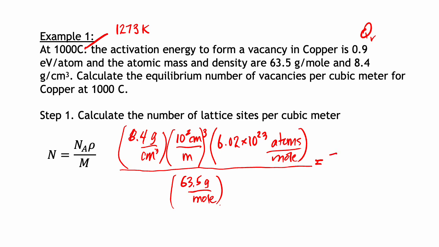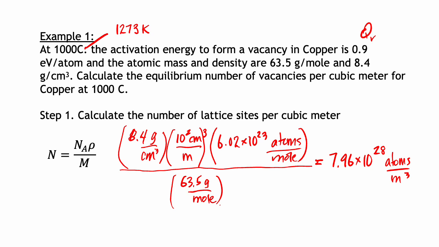I get 7.96 times 10 to the 28 atoms per cubic meter. Let me check that number. 10 squared to the third power is 10 to the 6.